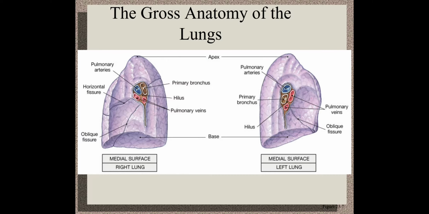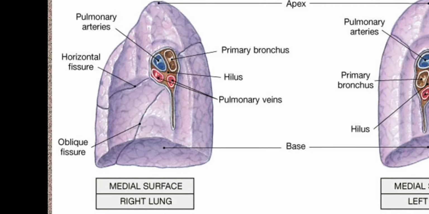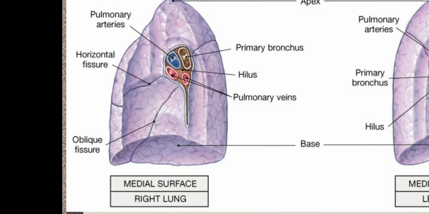The gross anatomy of the lungs include, on the medial surface of the right lung, you have pulmonary arteries, we have pulmonary veins, we have hilum, we have primary bronchus and horizontal fissure and oblique fissure.